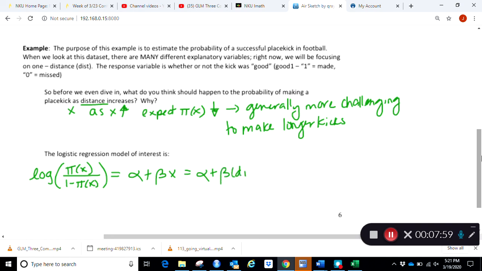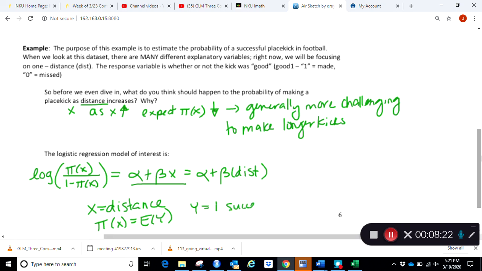For those that do write it the first way, x would then be distance, and pi of x is the same thing here as our expected value of y, where y equal to 1 means it was a successful kick, and 0 means it was a failure.